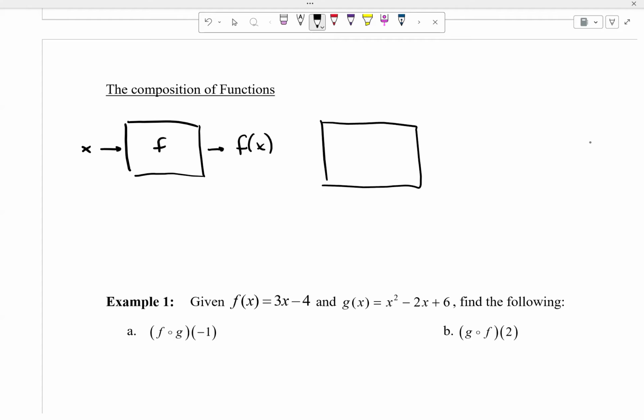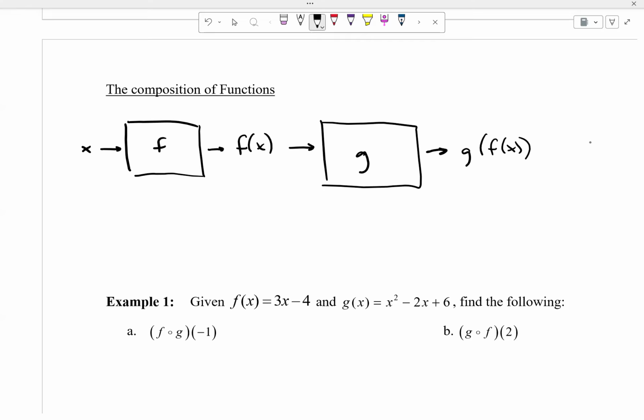I'm going to call this function g. So if it goes in there, then the output is g of f of x. Does that make sense? That is by definition a composite function. So x goes into one function, then that output goes into another one.